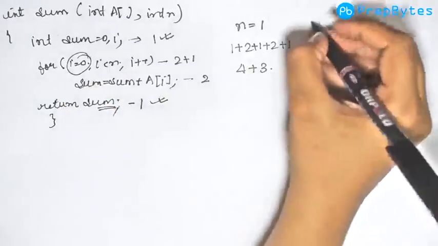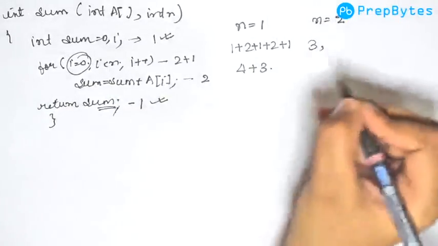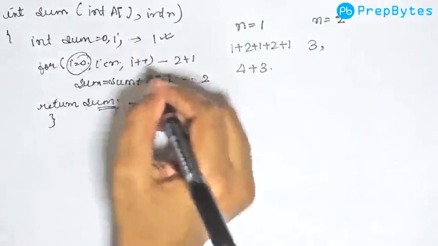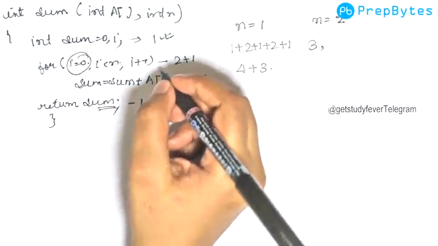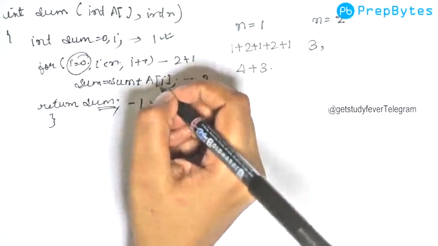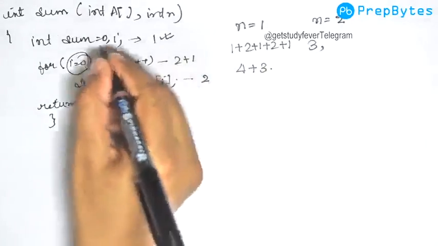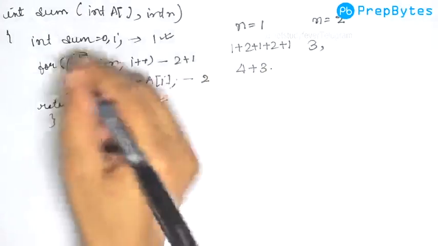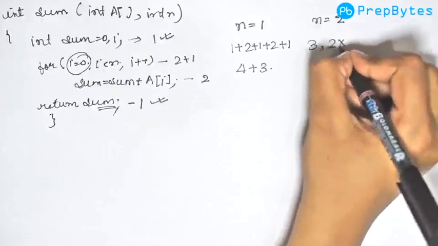So what happens is, when n is equal to 2, this 3 remains constant. What is the number of times this loop gets run? 2. And each run of the loop takes 2 units of time. So the time taken to run this particular statement when n is equal to 2 is 2 into 2.